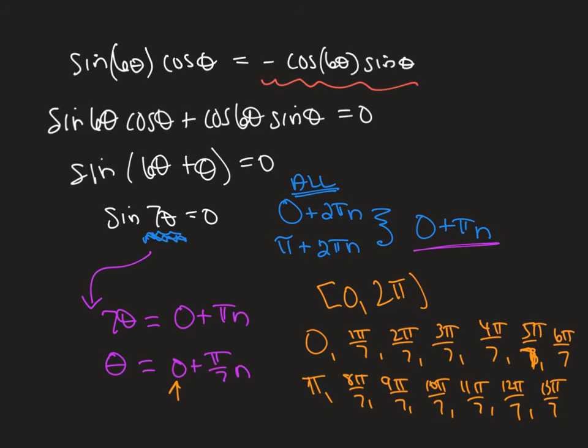I cannot write 14 over 7 because 14 over 7 is 2, and I am not including 2.